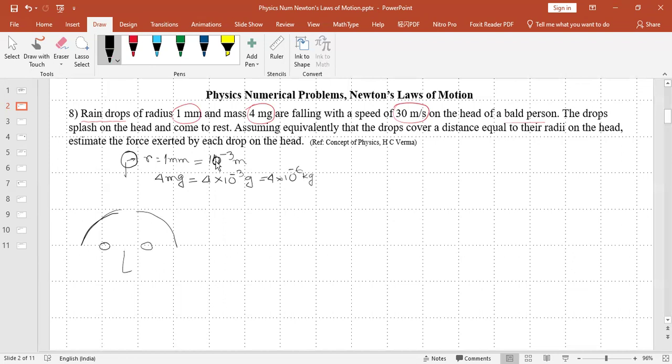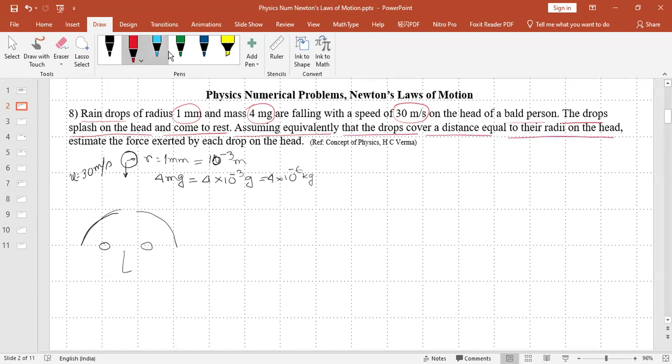And this raindrop is falling at a speed of u equal to 30 meters per second. Now read the question carefully. The drops splash on the head and come to rest, assuming equivalently that the drops cover a distance equal to their radii on the head.